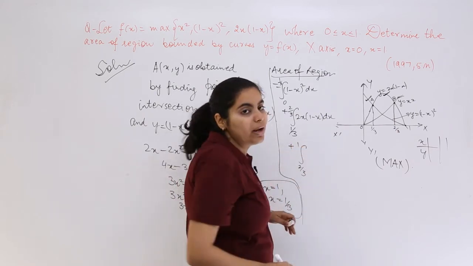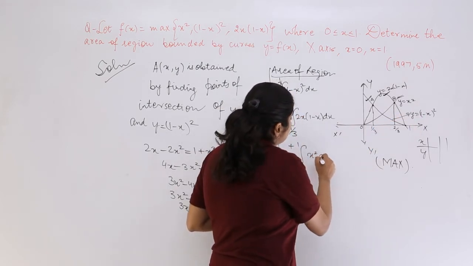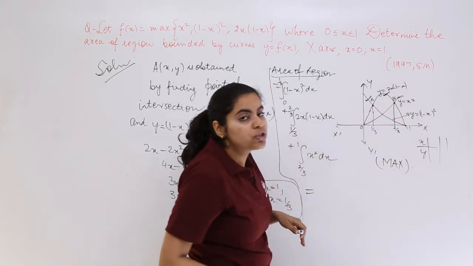From 2 by 3 to 1, x square is maximum, so the integral of x square dx.